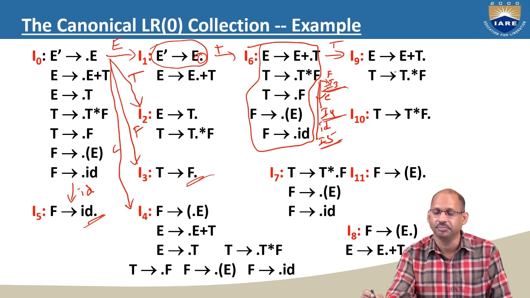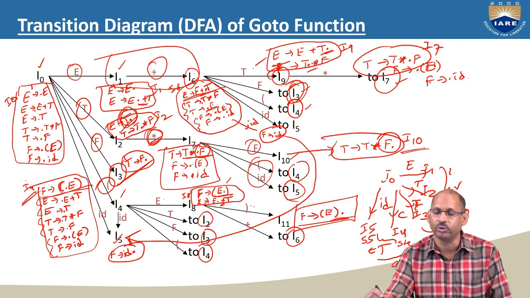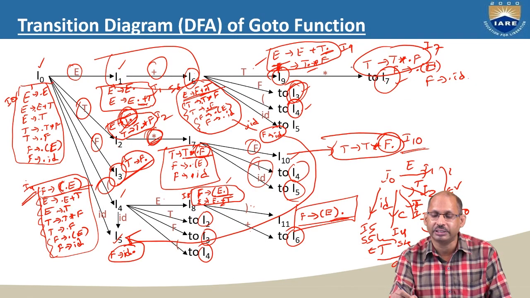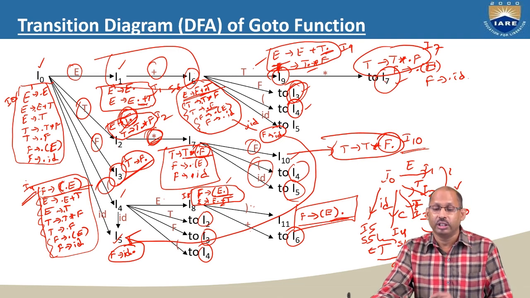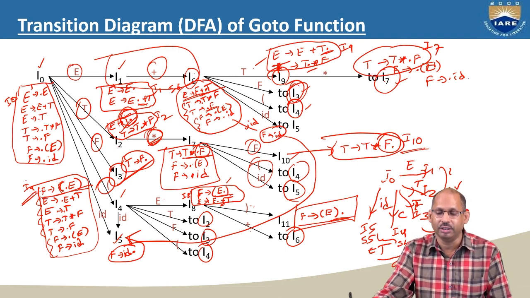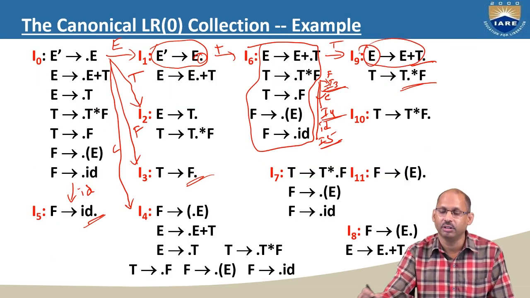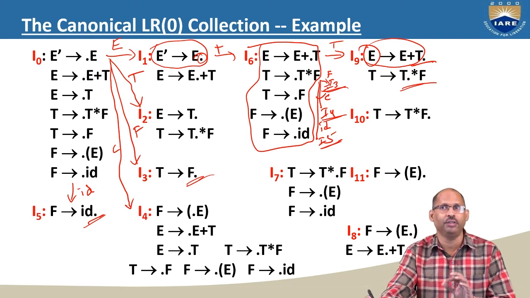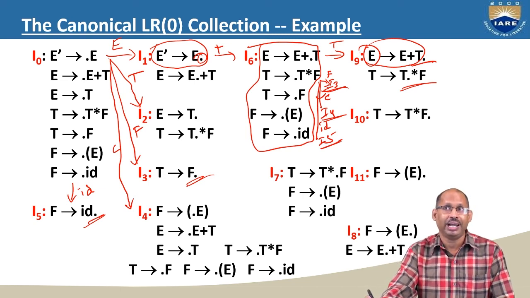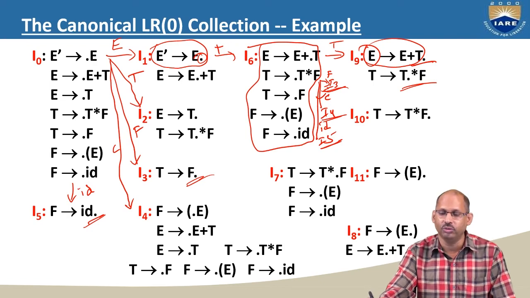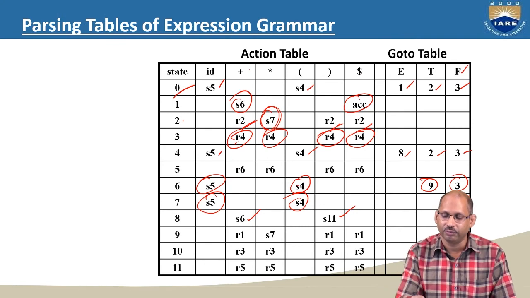Then I9. What is I9? It has dot at the end for one production, and another one we have here. So on multiplication it is S7. For the dot-at-the-end production, we consider follow of E, and we write this production in all the follow of E terminals. And on multiplication it is going to I7, the same thing we write here.